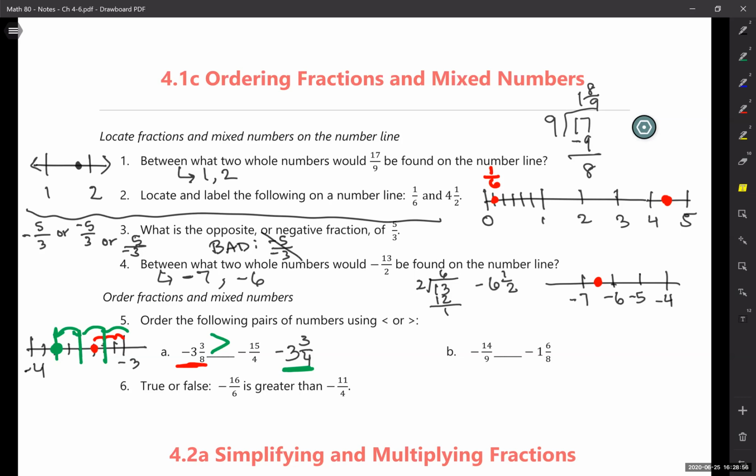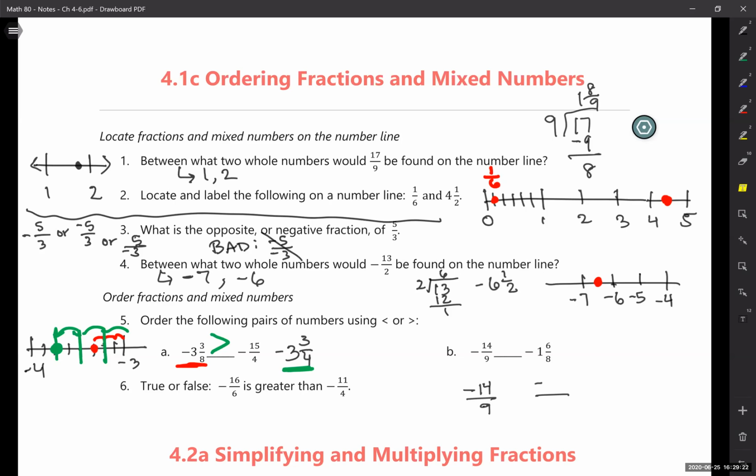So this way that I like is going to lead us into a good way to do addition and subtraction as well. First off, notice I'm writing both of these as improper fractions, and I'm making sure the negative is on top. It doesn't matter where the negative is, but you need to be consistent. So either put it on top every time or bottom every time. I'm going to put it on top.